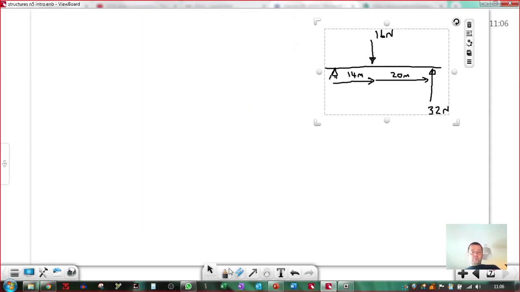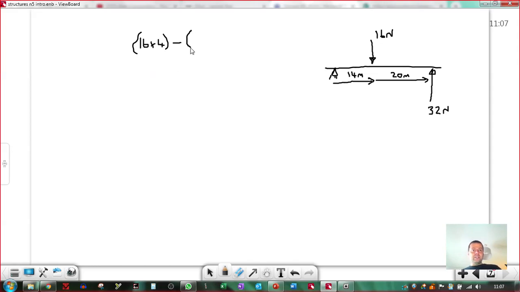So let's work out the moment on the beam then. We need to be careful because they're going in different directions. So the moment on the beam is 16 multiplied by 4. That's our clockwise one. And then we've got an anti-clockwise one, so that means it's going to be minus 32 multiplied by, now what distance do you use?